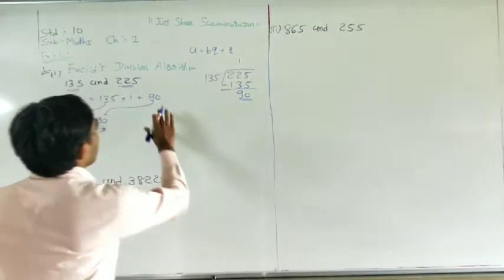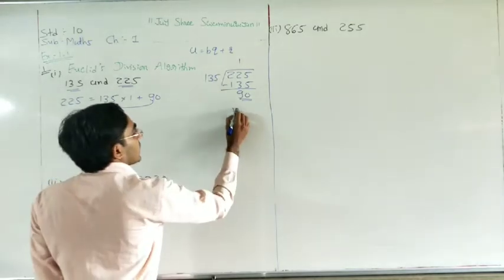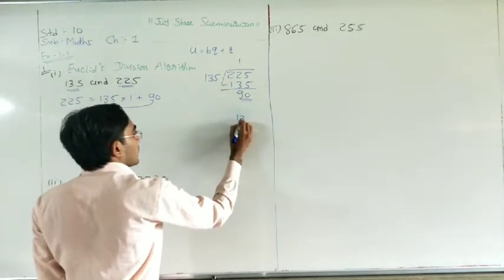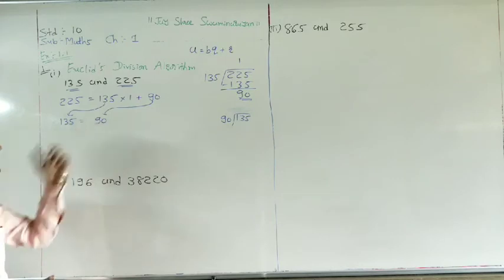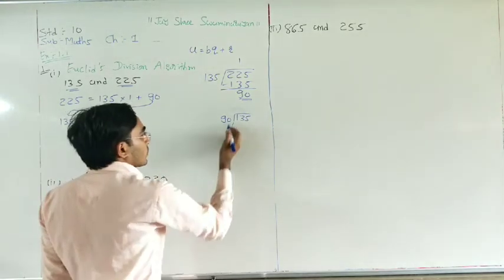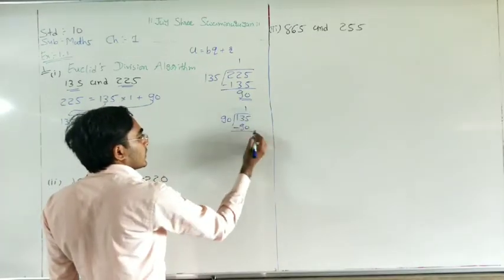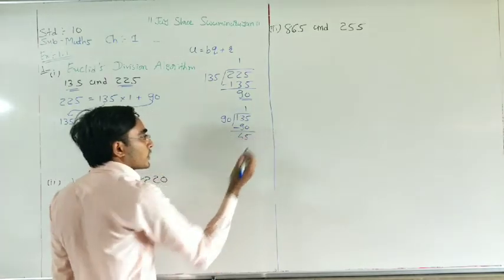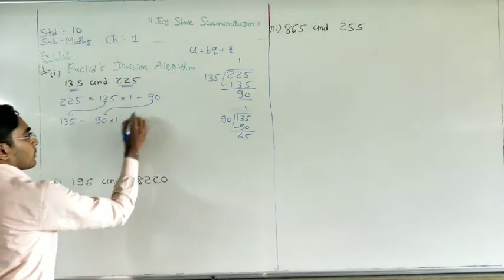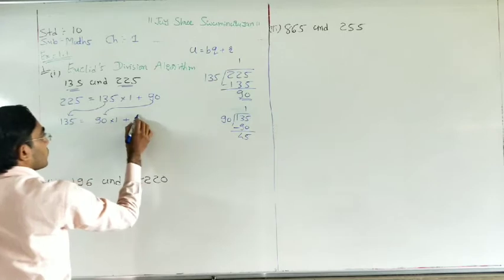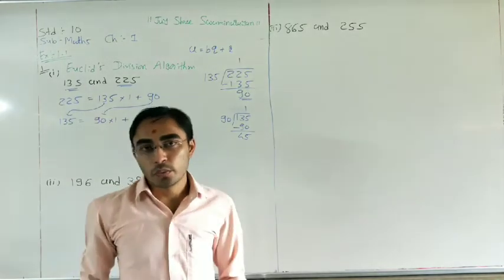So now here we have 135 and here 90. The next process is again the same thing, 135 divided by 90. 90 ones are 90, and here the remainder is 45. Again your quotient is 1, so multiply by 1 plus your remainder r, which is 45. Right now our remainder is 45, we want 0.